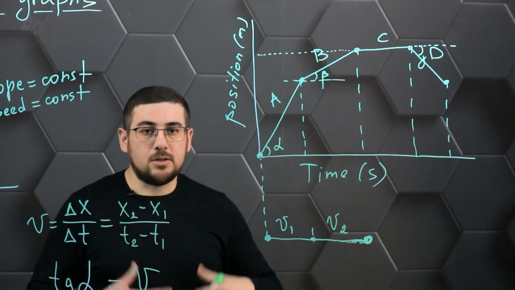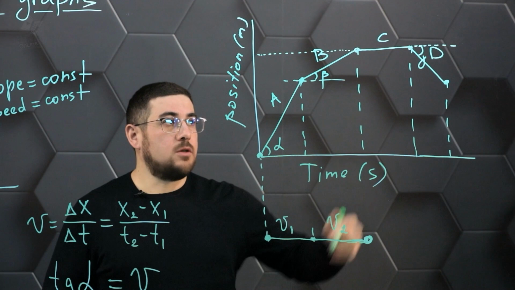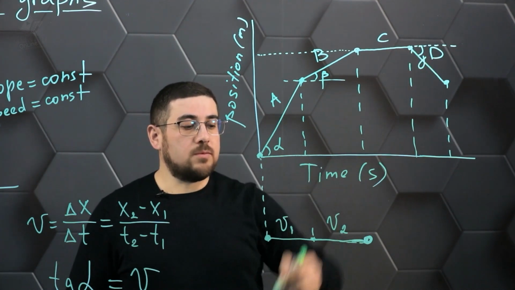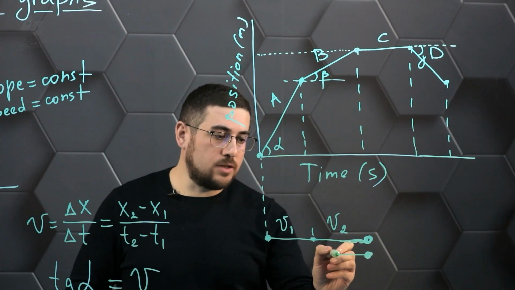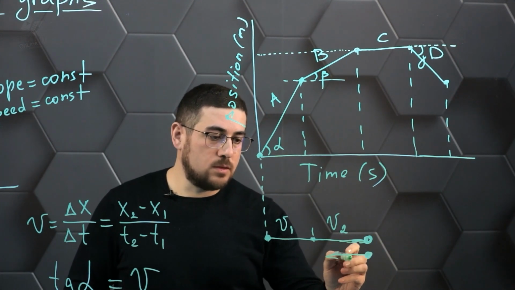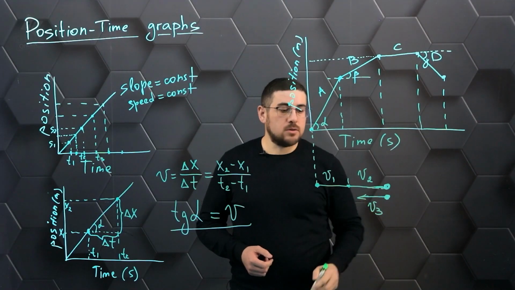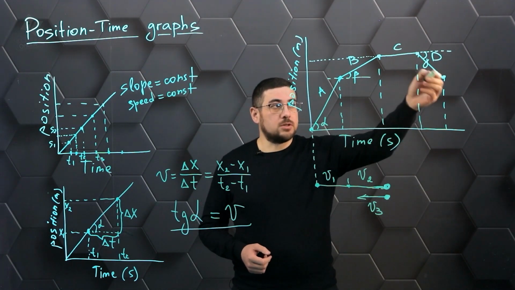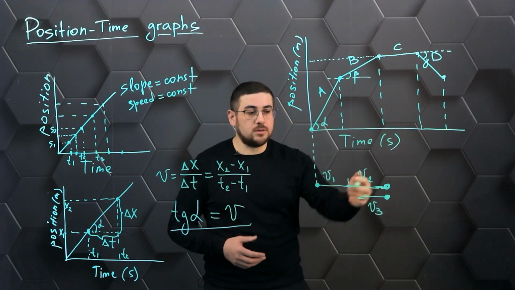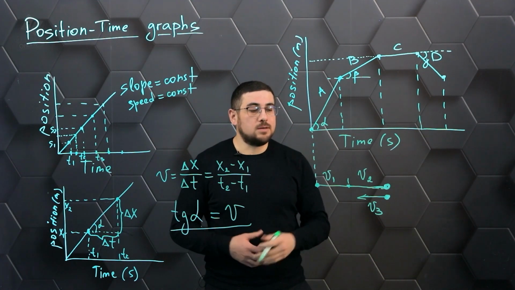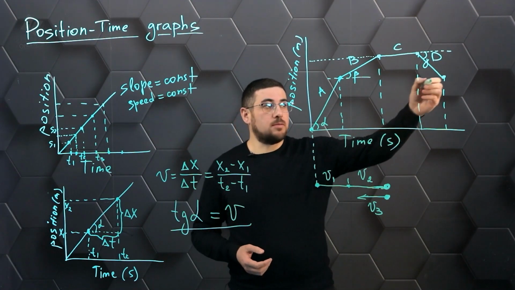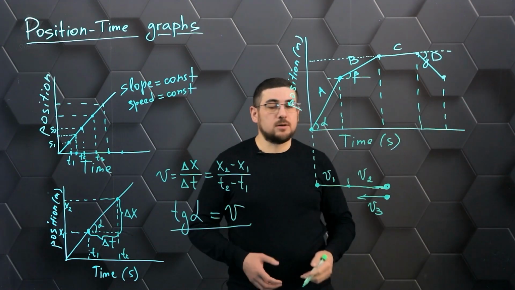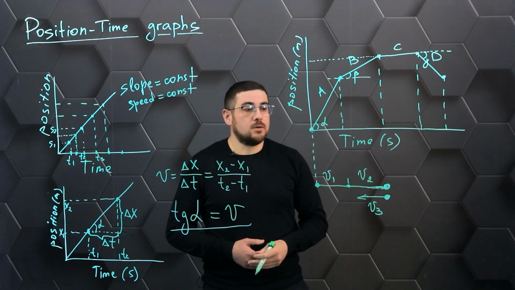That is, in fact, there is a stop of this body, there is no movement, and when the body starts to move back, in this case we can show it by turning the velocity vector in the opposite direction. That is v3, it turns out. The velocity at the section D will be directed against the general motion, and the body eventually tries to return to the starting point. Of course, if we try to continue this graph, perhaps somewhere it will happen.